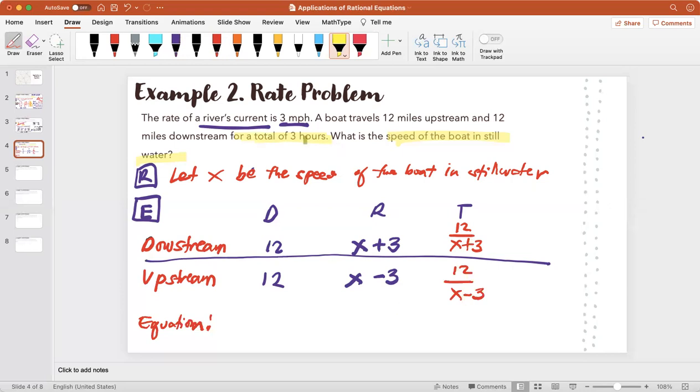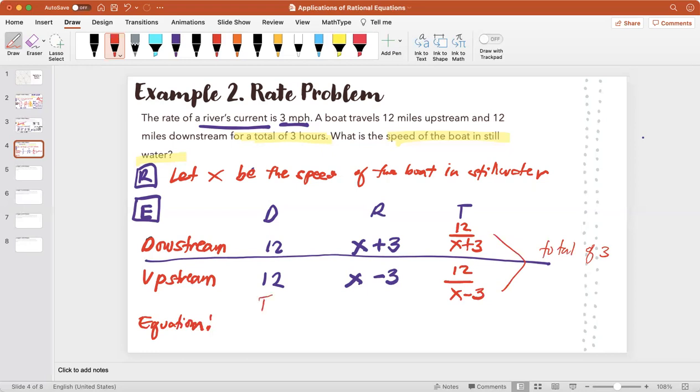So when the total is 3, that means we add. Whenever we talk about total, it means we are adding. What are we adding? The time downstream plus the time upstream equals 3.